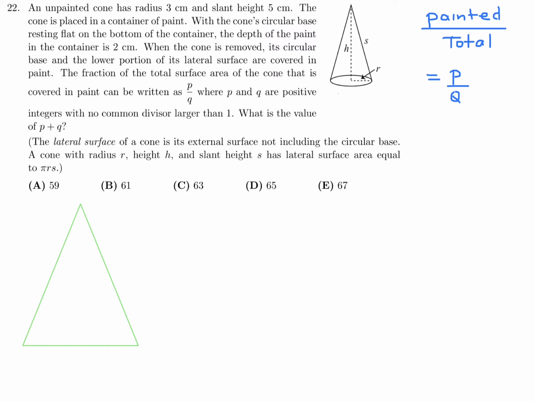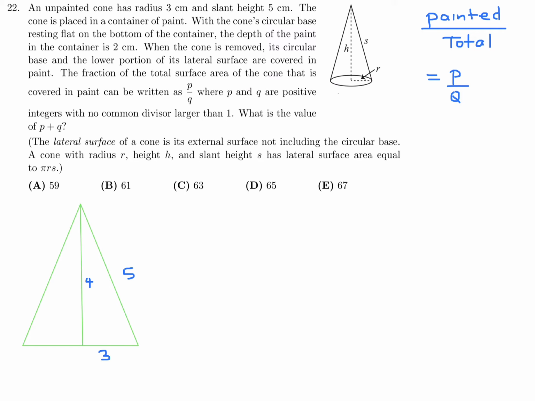So top to bottom, which is right here, that's going to be a certain distance, and then 2 centimeters is the distance up until which the cone is painted. So let's use some numbers now. r is 3, the slant height is 5. Using Pythagoras, I can easily figure out that the height is going to be 4. It's a 3, 4, 5 triangle, basically. Doesn't look like one, but it is what it is.